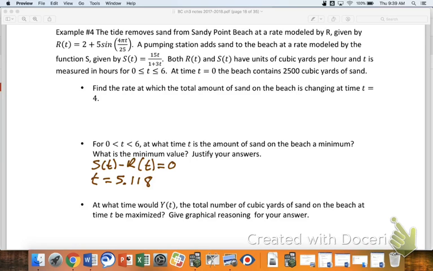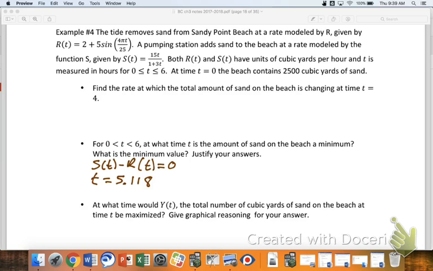All right, so then what's nice about this is you do have that graph right in front of you, so it is quite easy to see the sign change pattern within S of t minus R of t. So when t equals 5.118, what kind of a sign change transition are we seeing within S of t minus R of t? Negative to positive. Good, that's what we were hoping for.